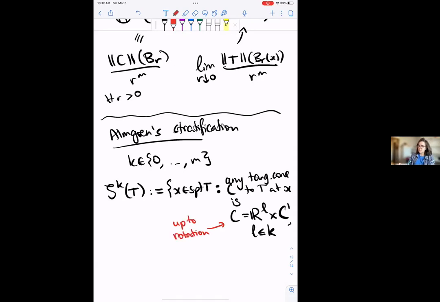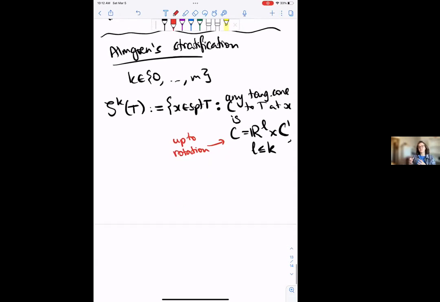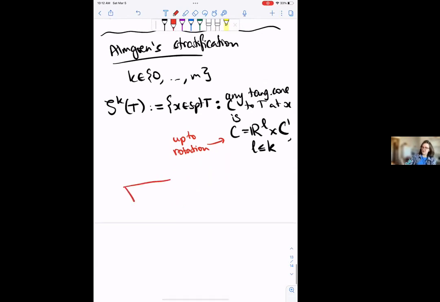So essentially what this means is that the points in the kth stratum are those that have no more than k dimensions of symmetry. The picture is really somehow you have something like this, where this is your R^L, and the cross section, this guy, is your C prime.